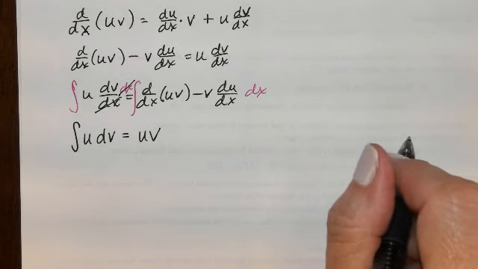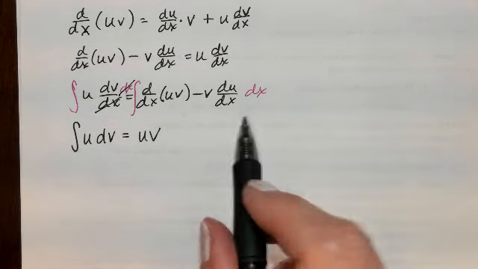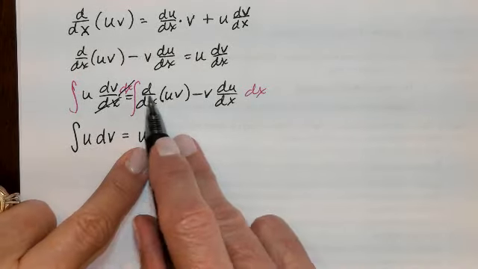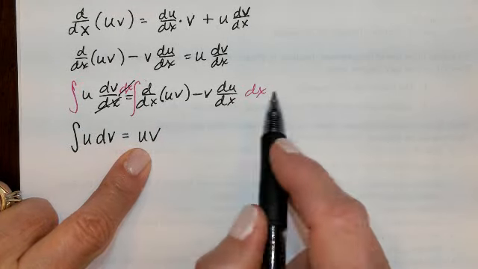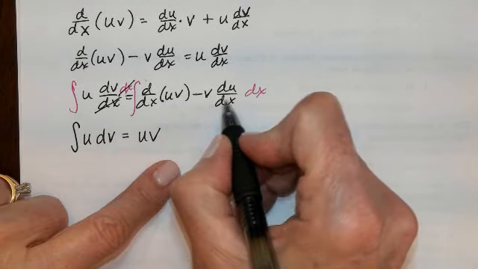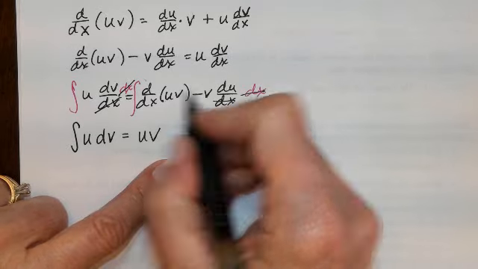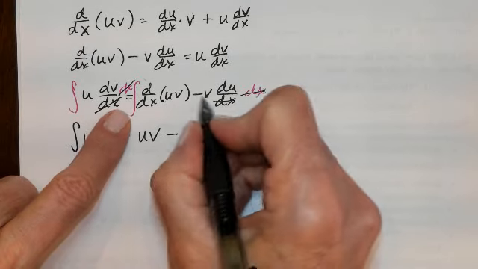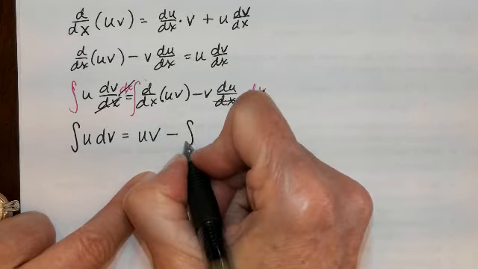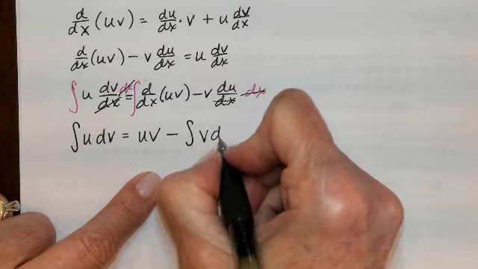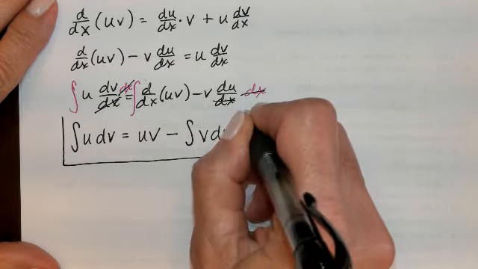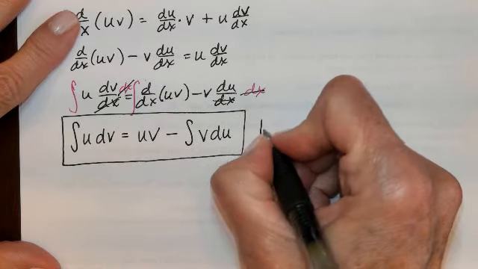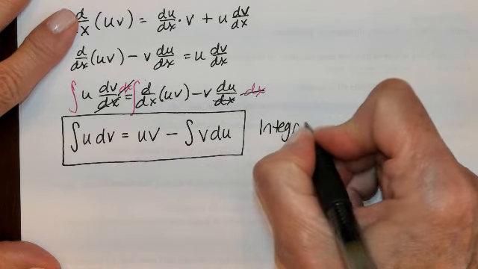So that's just uv, because it's the integral of the derivative of uv. Over on this piece, the dx's cancel, and we have minus, we can't take the antiderivative, so it's still the integral of v du. This is our formula for integration by parts.